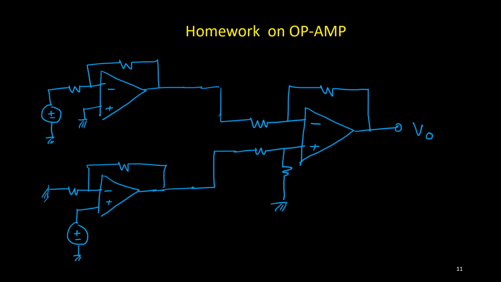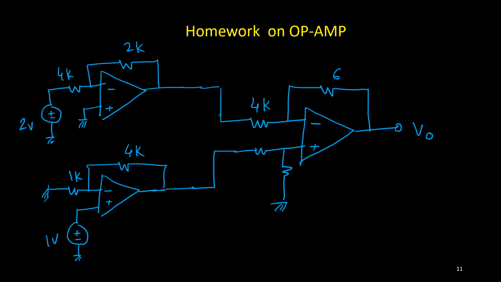Now I'll give you the values. This was 2 volt. This is 4K. It is 2K. This is 1K. This is suppose 4K. And this one is suppose 1 volt. Now these resistances, it is 4K.